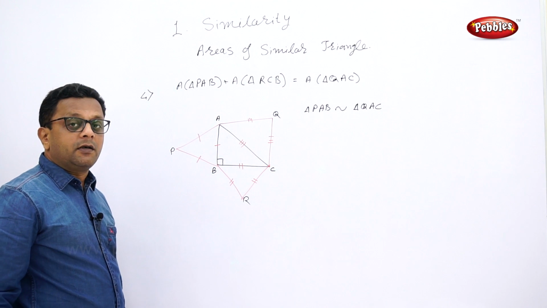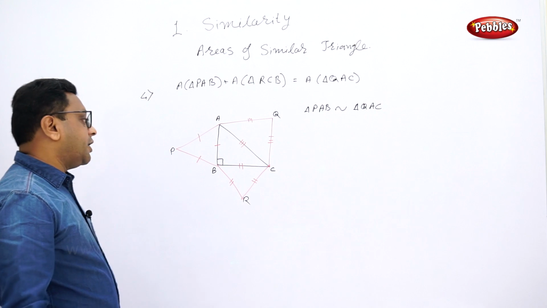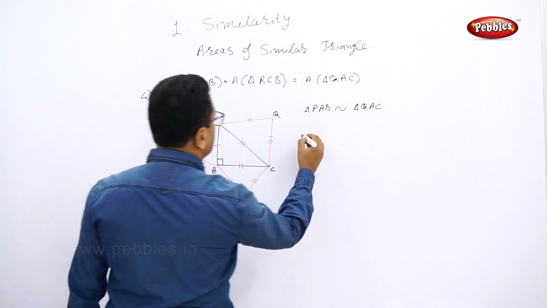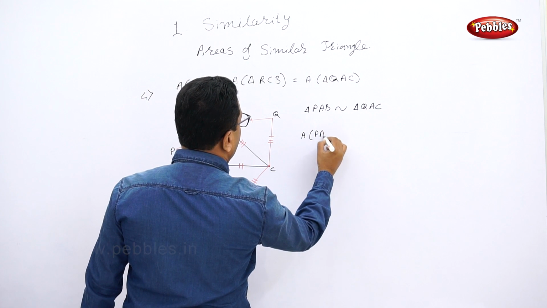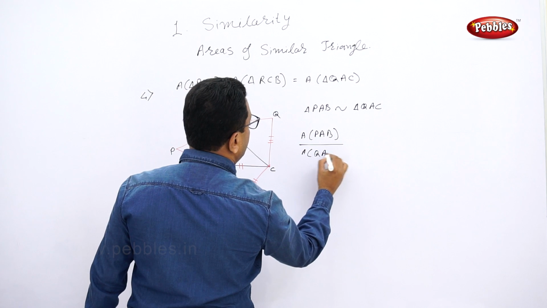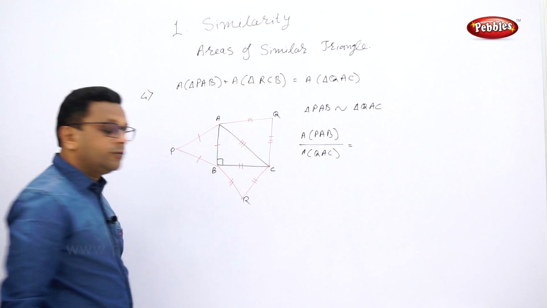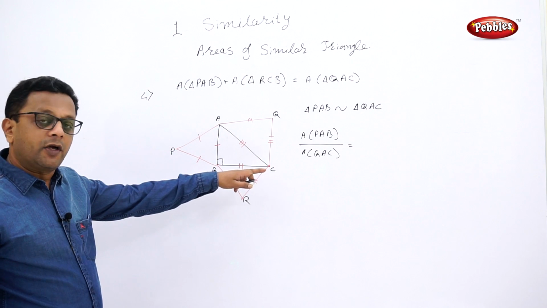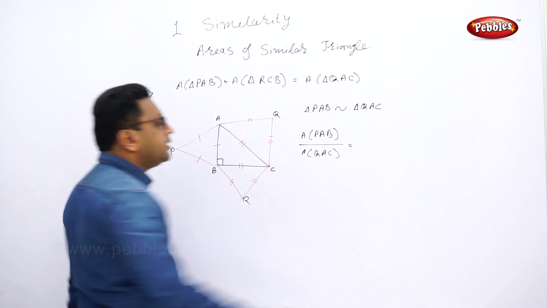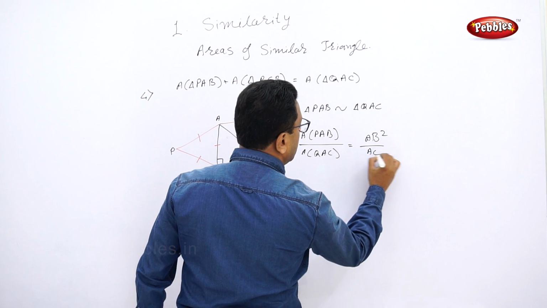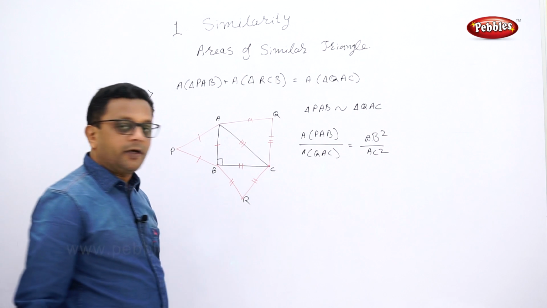And what will be the ratio of their areas? So area of PAB upon area of QAC is equal to the ratio of the squares of the sides, AB square upon AC square.